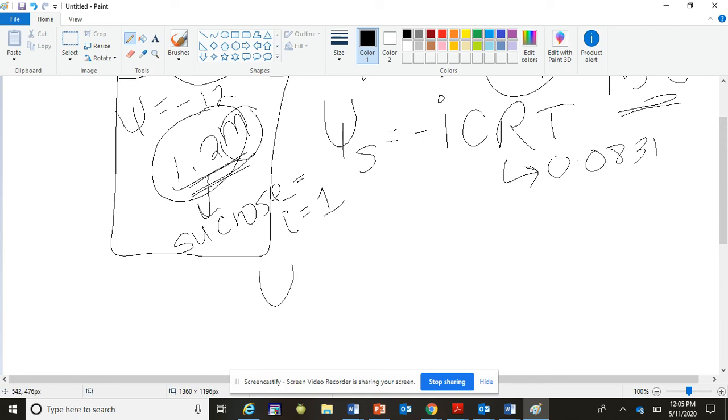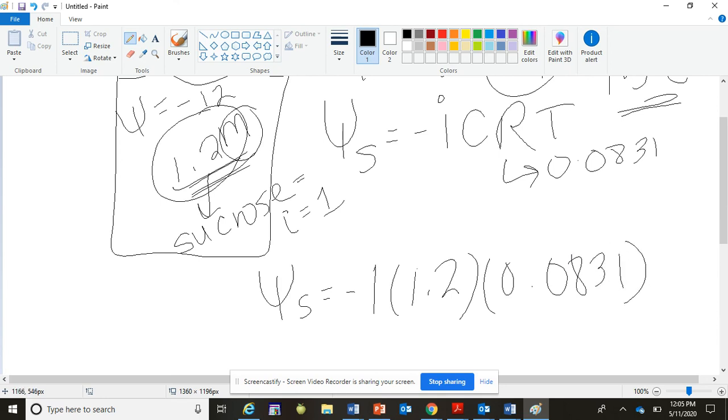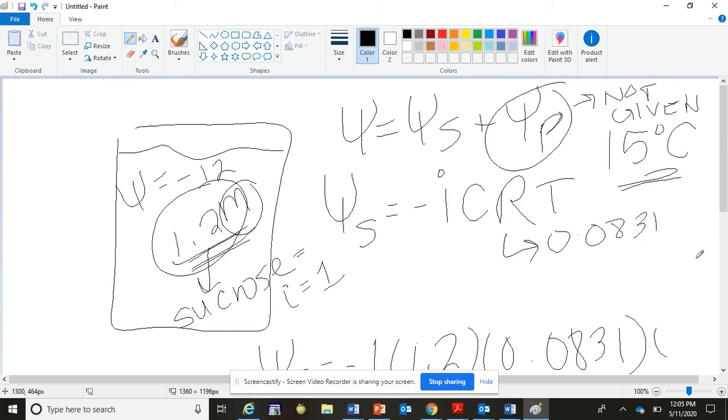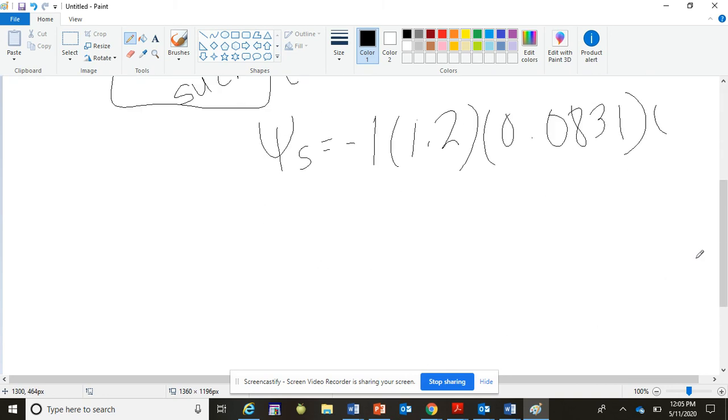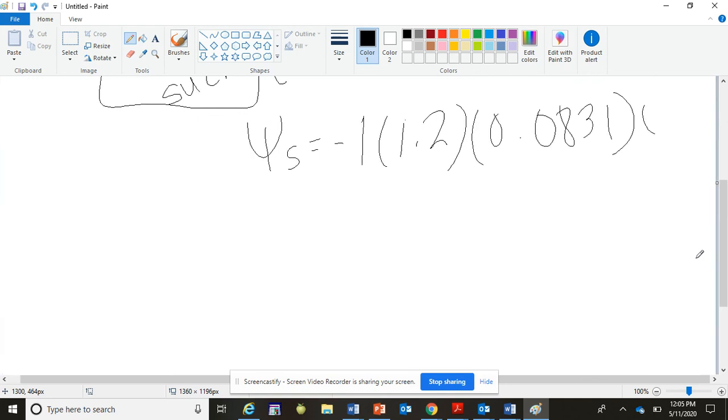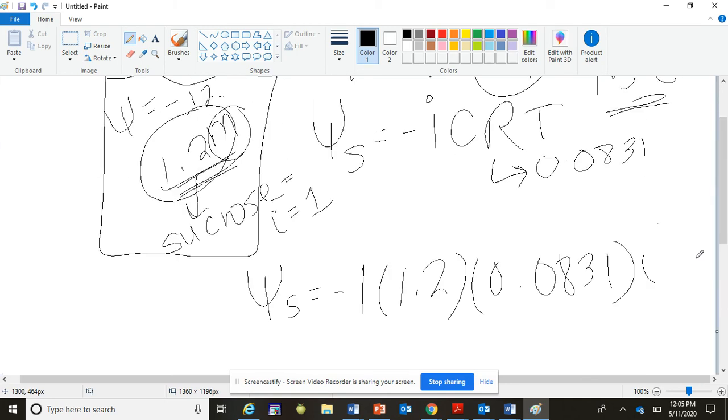So if I'm going to find my solute potential, it's going to be negative iCRT, so negative 1 times 1.2, which is my molarity, times 0.0831, which is my R, times, I said the temperature was 15, and then I'm going to add 15 plus 273.